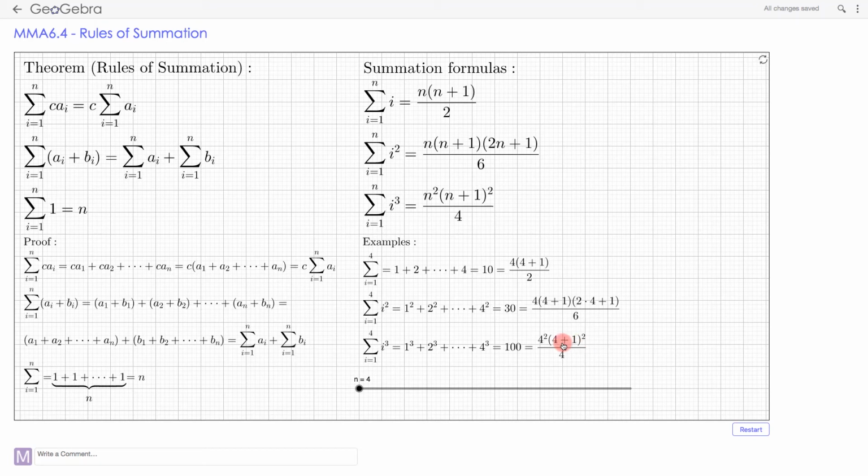It's some huge number. Maybe just say 16 divided by 4. That's easier. Then it's 4 times 25. That's 100. So again, the identity holds. And if you like, you can check that it also holds for these other choices of n. Agree, right?